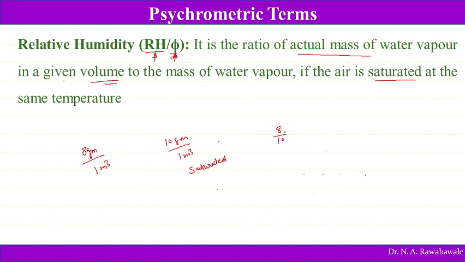The units get cancelled, cubic meter, and it has no unit, so 0.8 is the relative humidity. This also signifies that it is 80% saturated and can still hold 20% more. So it is compared with the saturated air.